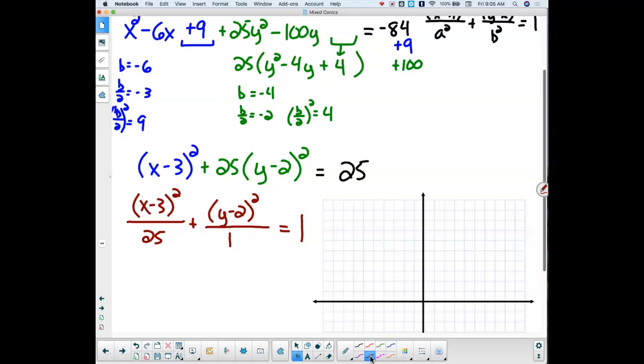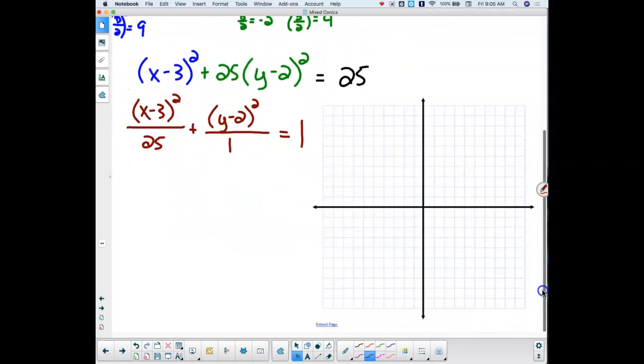Cordy, you're giving me a look. No, I figured it out. Okay, because we have to divide every term by 25. So 1 divided by 25 looks like that. 25 divided by 25 is 1. 25 divided by 25 is 1. Okay? Now we're in our general form. So now we can graph that bad boy.